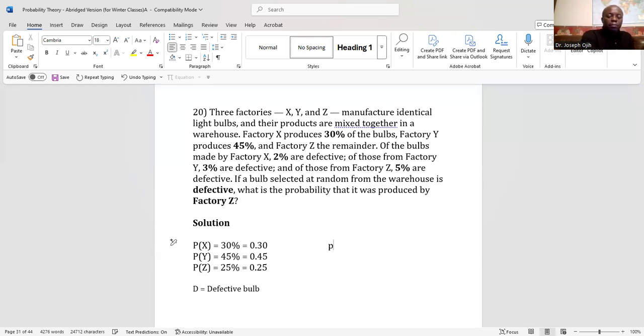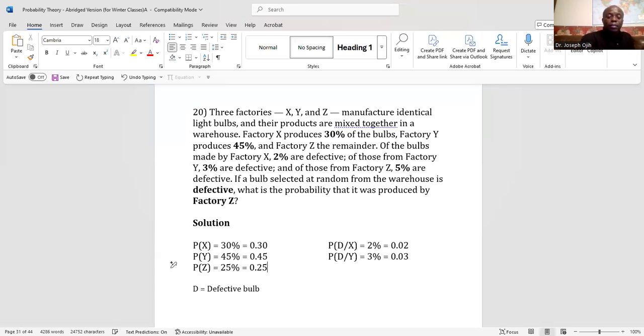So the probability of defective, given that it is from factory X, equals 2%, which is 0.02. Of those from factory Y, 3% are defective, so the probability of defective, given that it's from factory Y, equals 3%, which is 0.03.